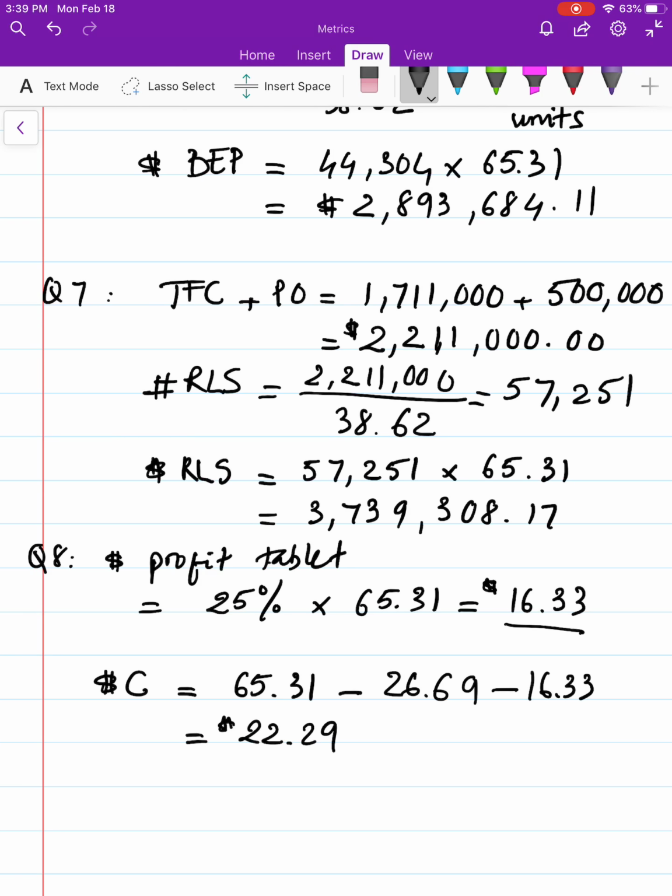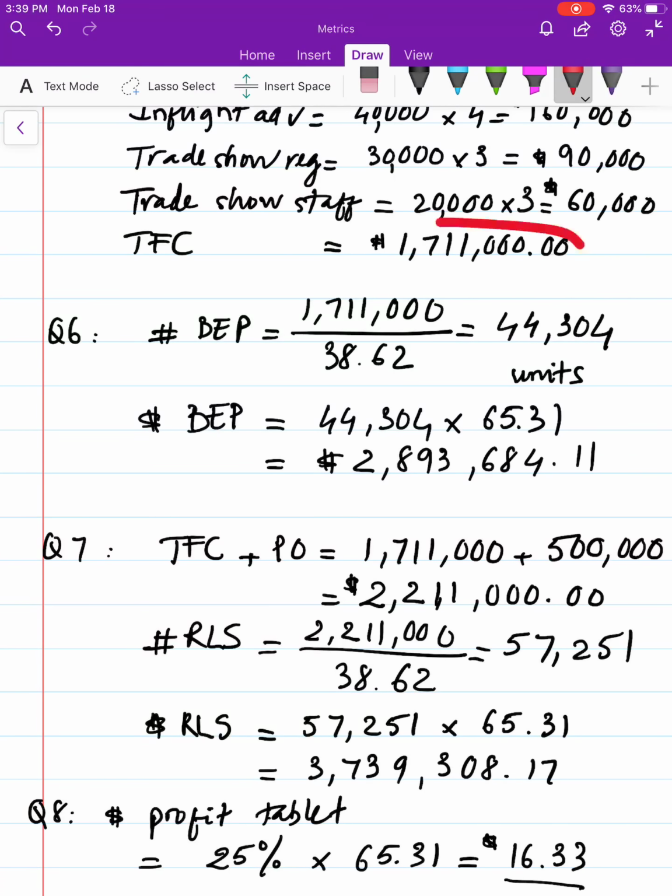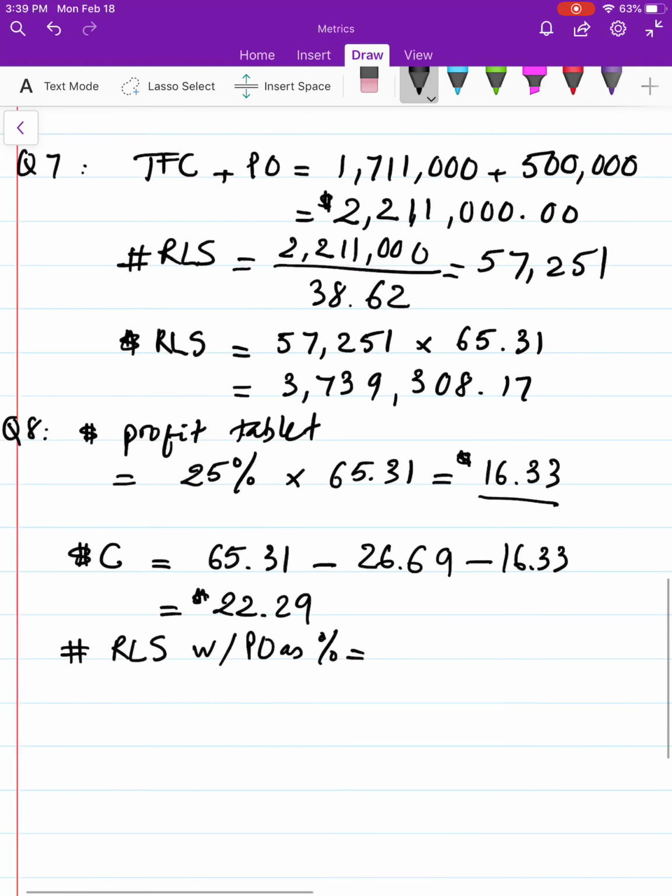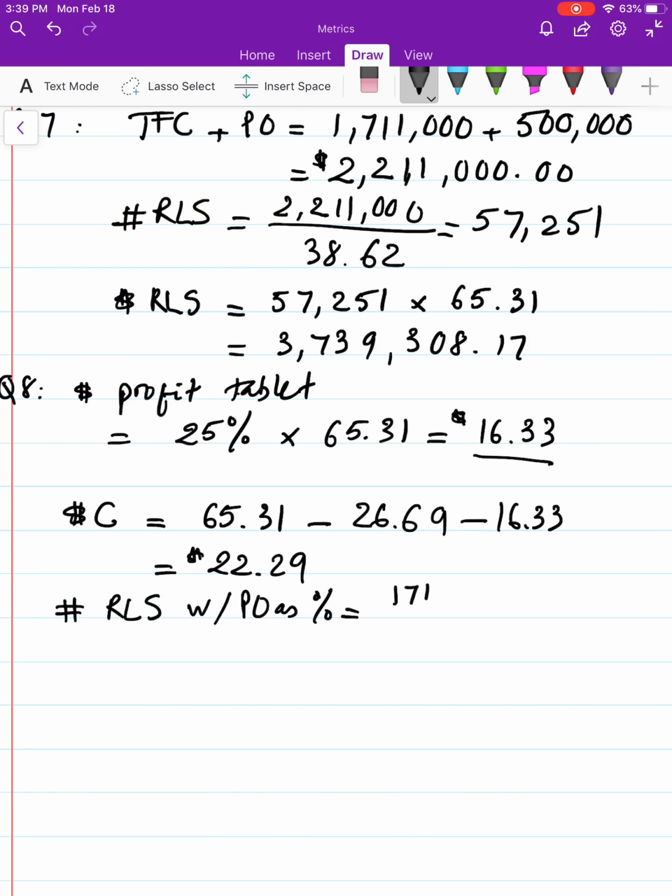$22.29. From this, we can figure out the unit revised level of sale with profit objective as percentage, equal to the fixed cost that we have figured out earlier divided by the new dollar contribution, which is $22.29, and that would give us a round up number of 76,756 units.